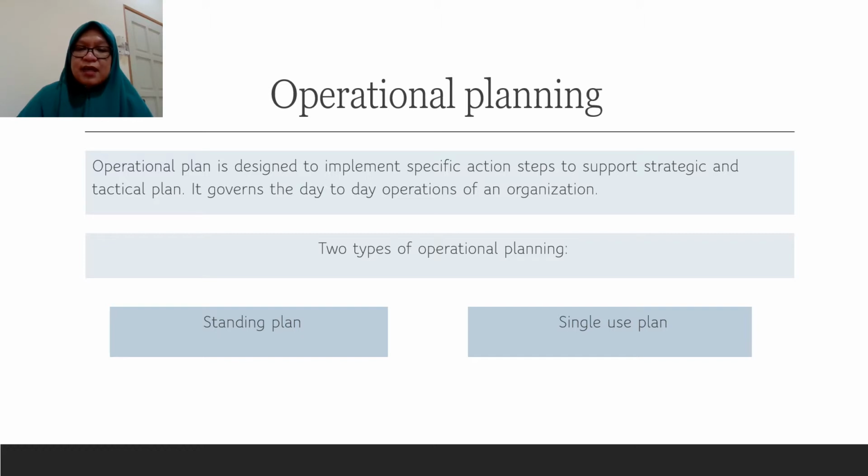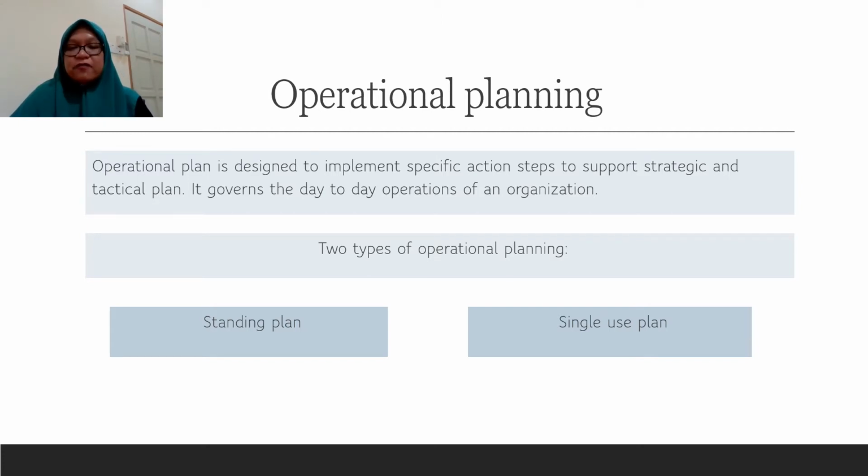It governs the day-to-day operations of an organization, meaning that the operational planning is focused on the day-to-day operations. Even though we already have the long-term strategic planning and tactical planning, we still have to come up with the plan for what we are going to do each day. So the activities that we are going to do each day, each week, monthly. So we have to come up with the operational planning.